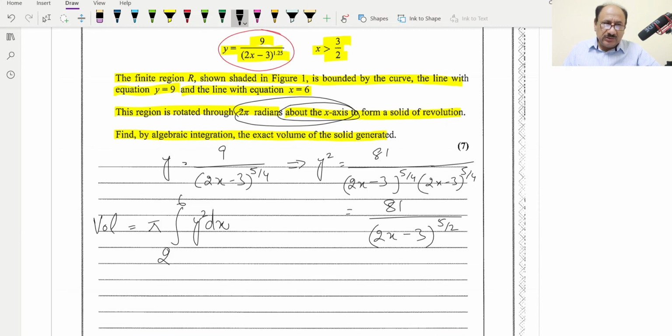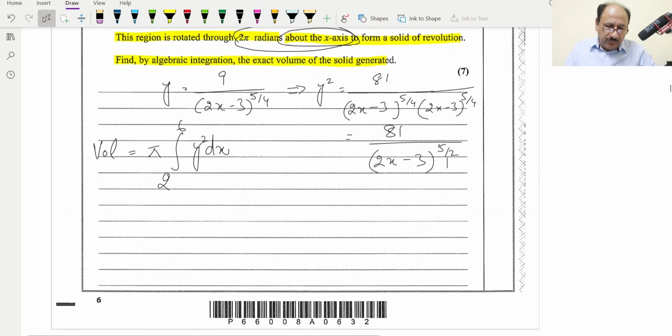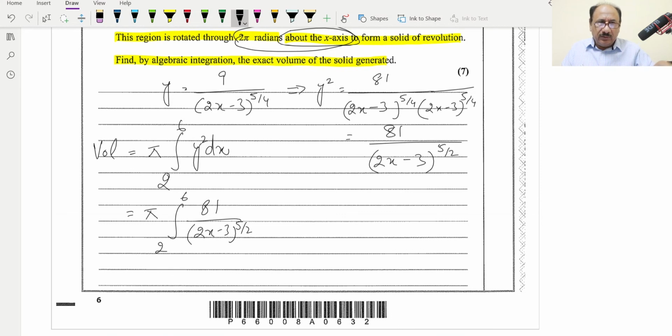Now this is y squared. Now we can replace here: the volume will be equal to pi times the integral from 2 to 6 of 81 over (2x minus 3) raised to the power 5 by 2, dx, and now we will be substituting.